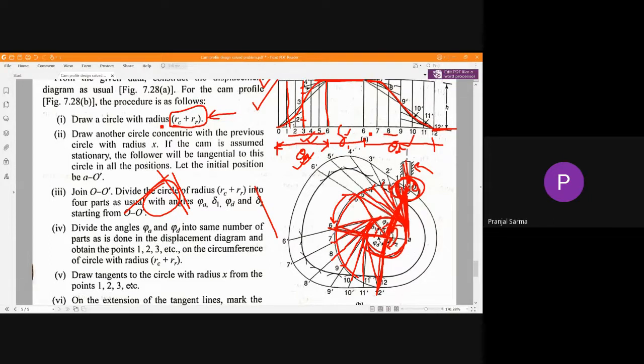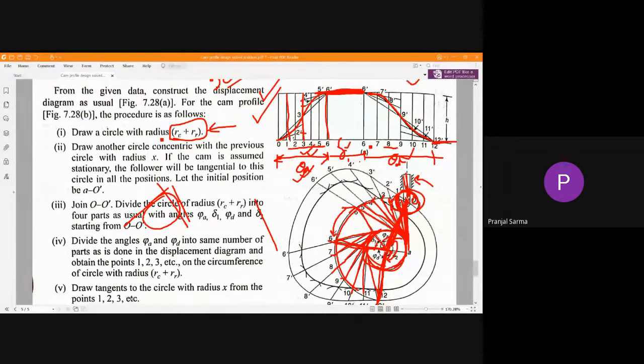Now, just like the previous case, we'll go and see from the displacement diagram those values of displacement, that is 1 1 dash, 2 2 dash, 3 3 dash, 4 4 dash, 5 5 dash, and 6 6 dash. Similarly, for the descent stroke, this is 6 6 dash, then 7 7 dash.